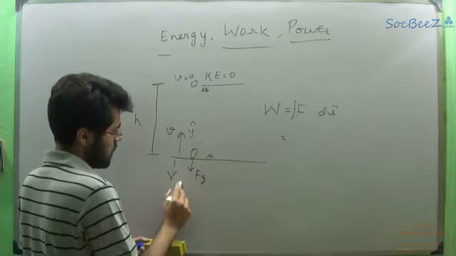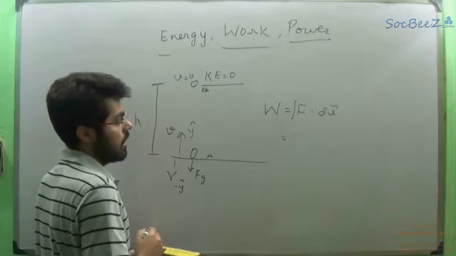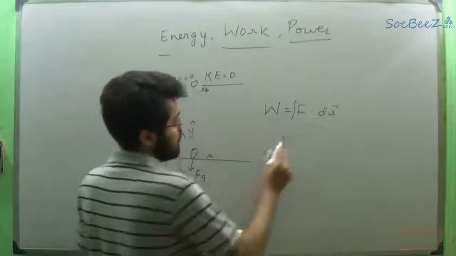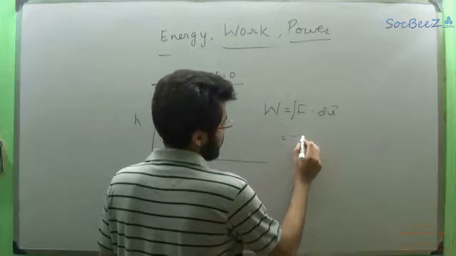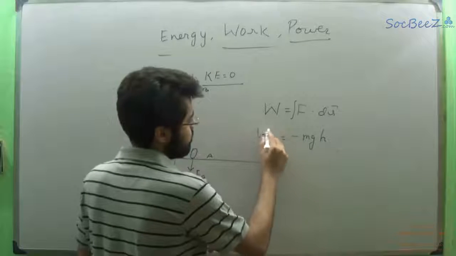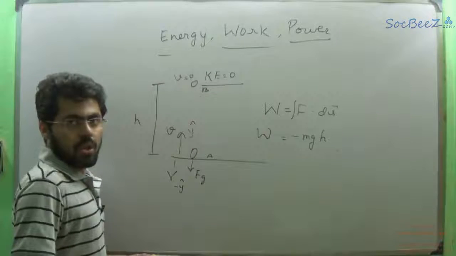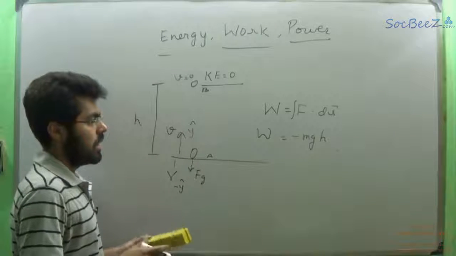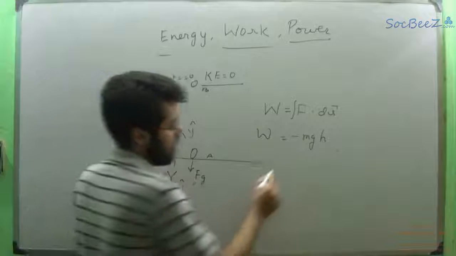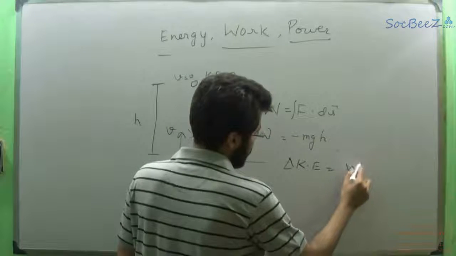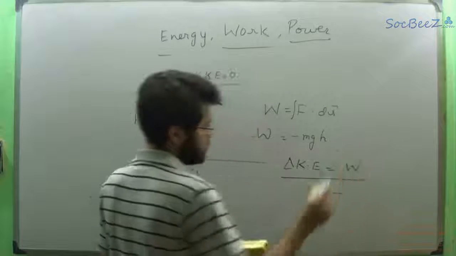Force is negative y. Angle between these two is 180 degrees. It means it should be minus mgh. So you can see the work done is minus mgh. So delta KE is equal to the work done.